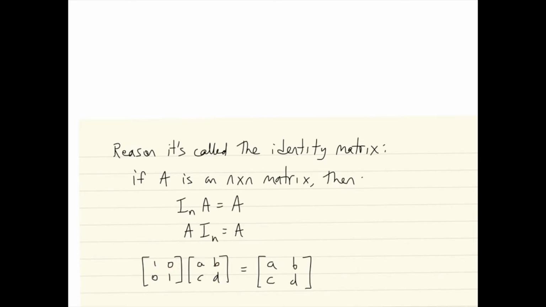So 1 times B plus 0 times D. So that's how we get this B. Okay. Anyway, so the point is that we started with this matrix and we get the same matrix again when we multiply by this identity matrix. So this is going to come up in a few sections, this identity matrix.